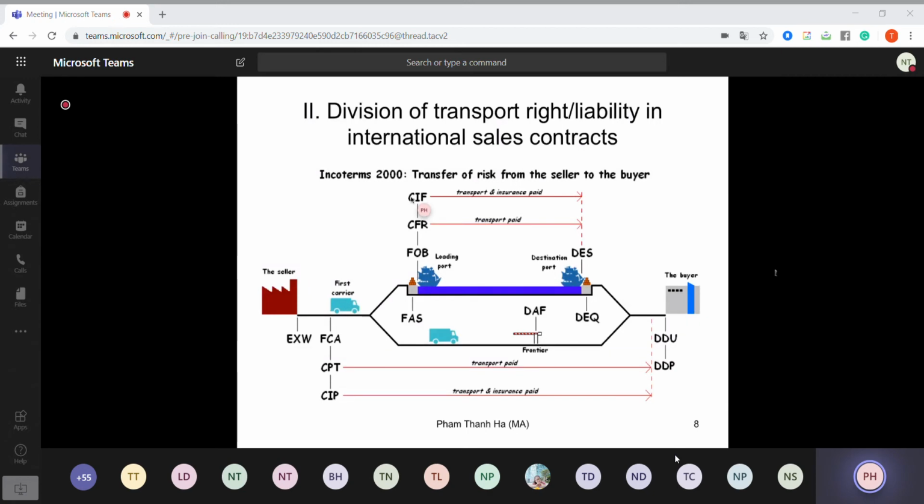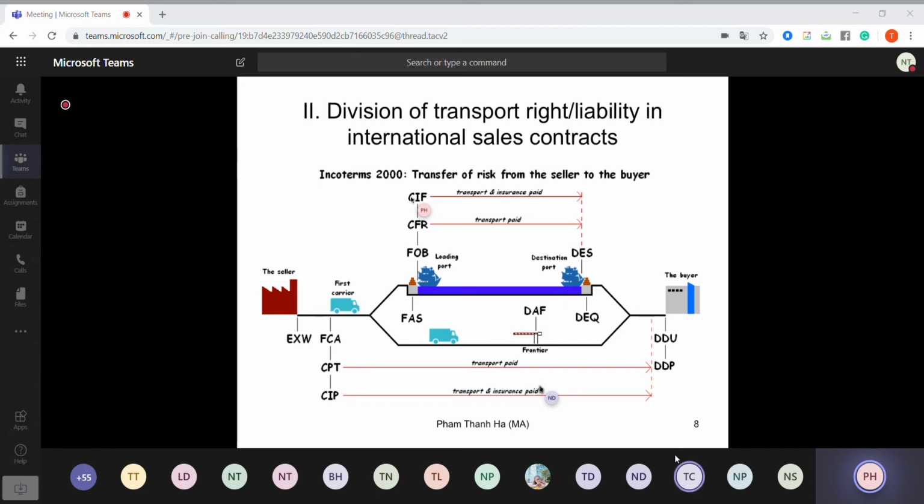But the CIP is a term that can be used for multimodal transport, for any kind of transport mode. So for the CIP, you can use truck, rail, roadway, railway, air freight, and even sea freight. It means for the CIP, we can apply any kind of transportation mode, including maritime transportation. But for the CIF, we can only use maritime transport or sea freight.